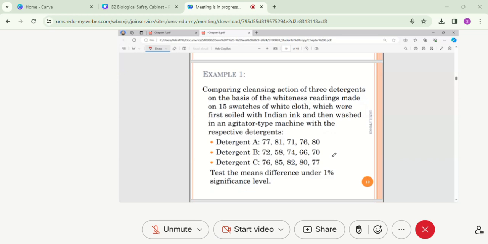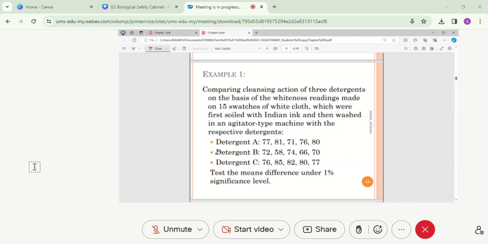Okay, let's look at one example. Let's say you have 3 different detergents and you want to compare the whiteness rate between the 3 detergents. Let's say you are given 15 swatches of white cloth, which are first soiled with Indian ink, and then washed in an agitated type machine with the respective detergents.